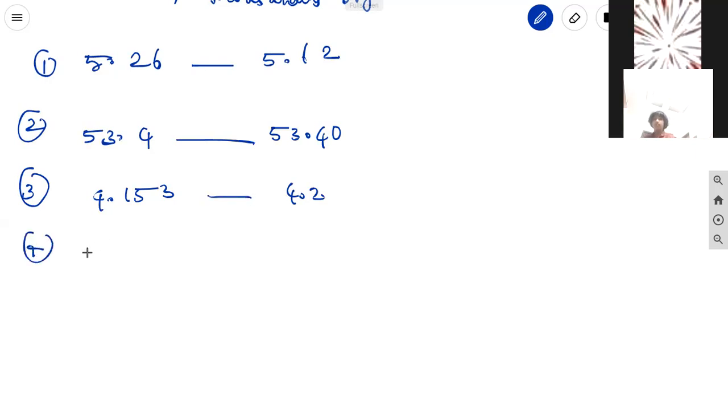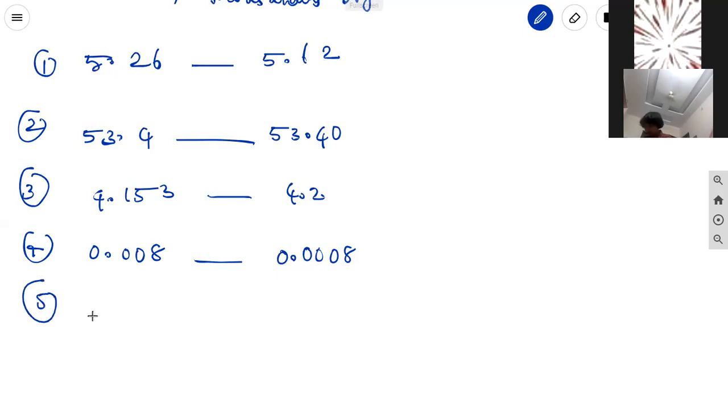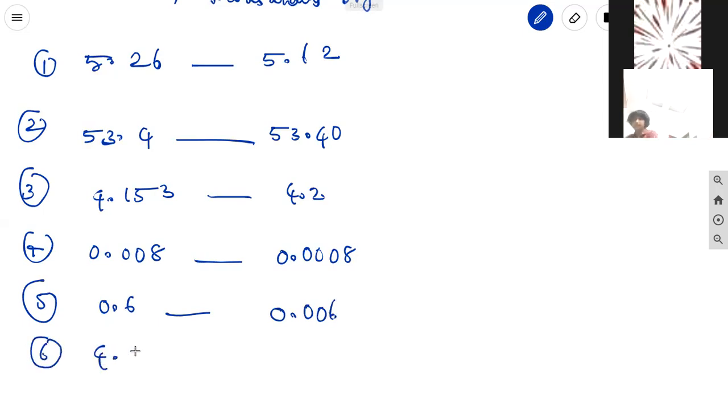Fourth one, 0.008 and 0.0008. Fifth one, 0.6 and 0.006. Sixth one, 4.625 and 4.713. Compare and order the decimals.